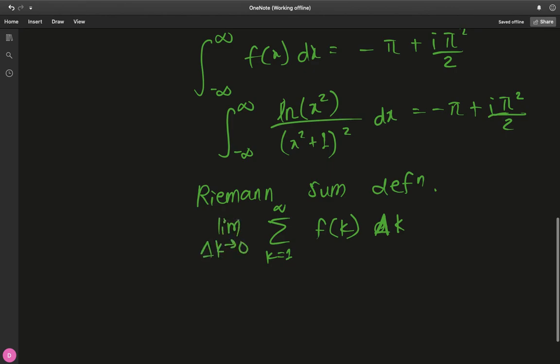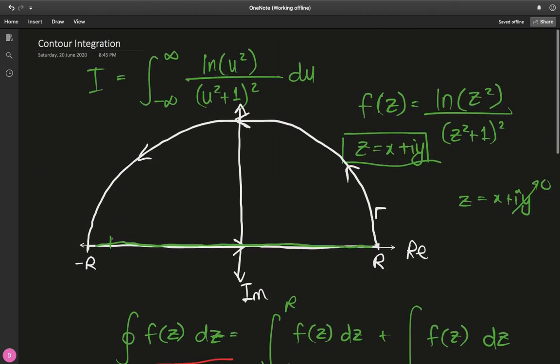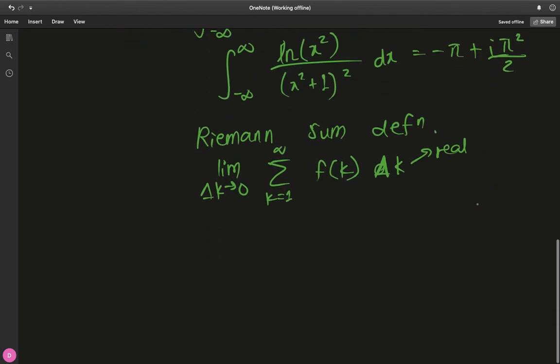That's the basic structure of a Riemann sum. The delta k's are real because they are on the real axis, so the only delta k's you'll have are delta x's, which will only be real. There will be no imaginary part in them.